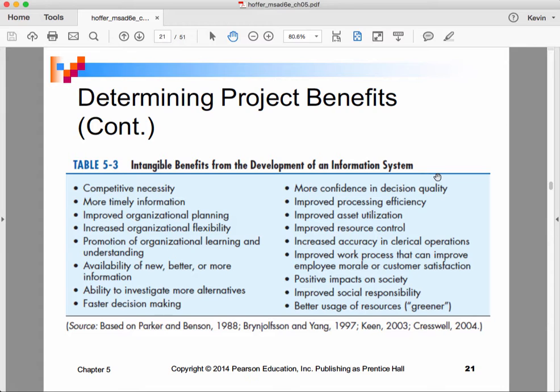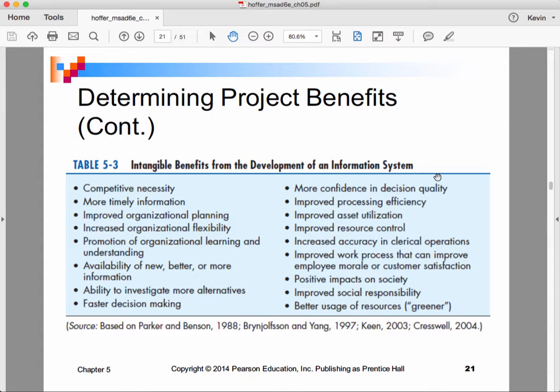So here's a list on slide number 21 of potential intangible benefits from the development of an information system. And I'll just pick one or two to talk about. Increase organizational flexibility. Okay. Positive impacts on society.